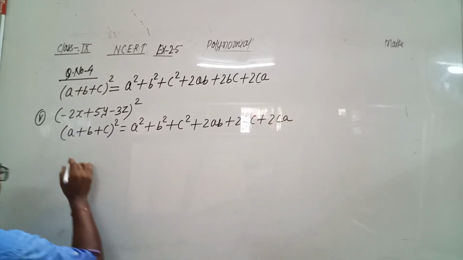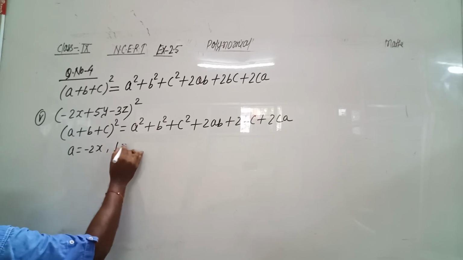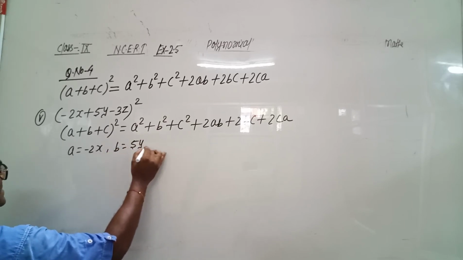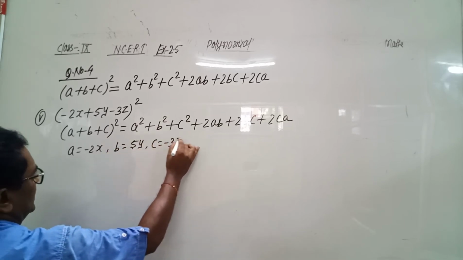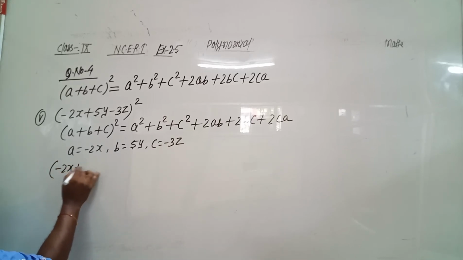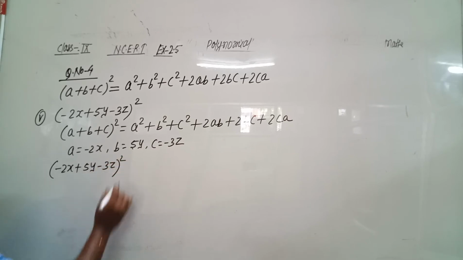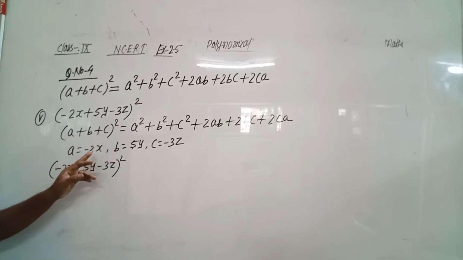Then write the values: a is minus 2x, b is 5y and c is minus 3z. Then minus 2x plus 5y and minus 3z. Here we have substituted the values of a, b and c.